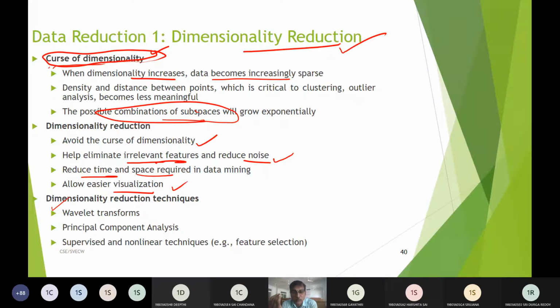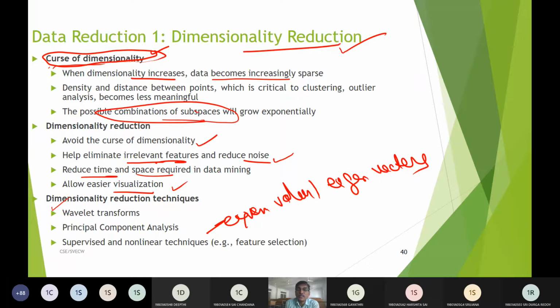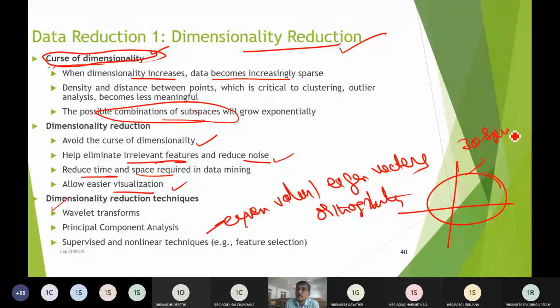Similarly, we have principal component analysis, which is the technique where we will reduce the dimensions using eigenvalues, eigenvectors and orthogonality. So we will represent the data in a 3D space.